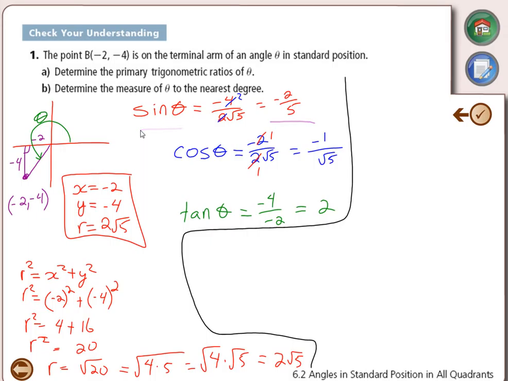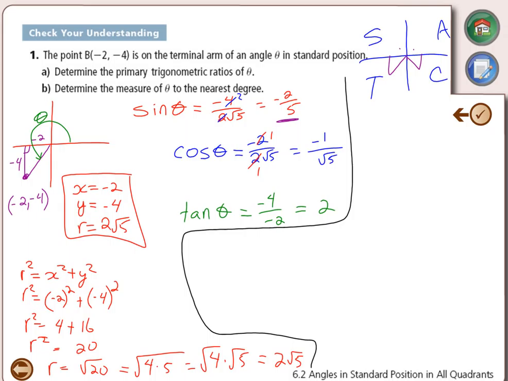But let's go back to that CAST rule. We're saying that the sine is negative. Well, where is the sine negative from the CAST rule? Sine is positive in A and positive in S, so that means sine is negative here or there.